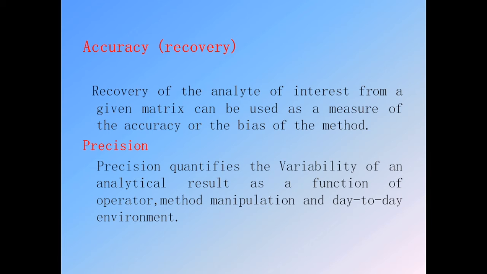Next parameter, precision. Precision quantifies the variability of an analytical result as a function of operator, method manipulation and day-to-day environment. Statistical analysis of data generated to demonstrate assay precision is essential for efficiency.